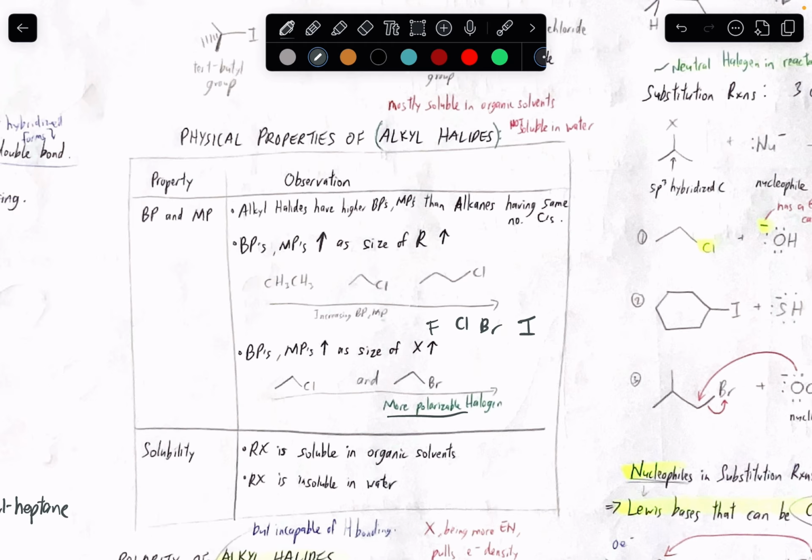Water, for one, is a polar molecule, because of the electronegativity difference between oxygen and hydrogen, it's very different. When it comes to hydrocarbons, they are nonpolar because the electronegativity difference between carbon and hydrogen is not so big compared to oxygen and hydrogen.